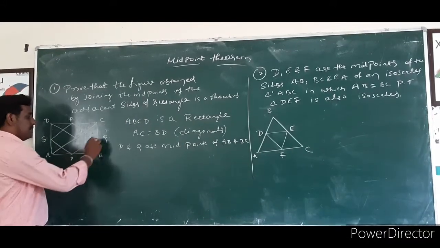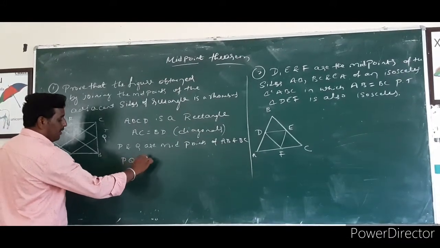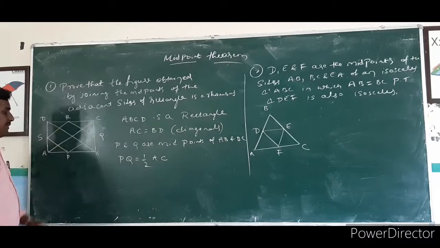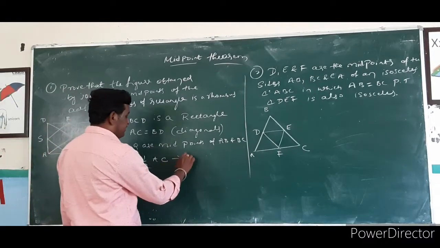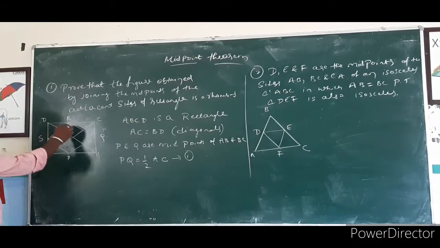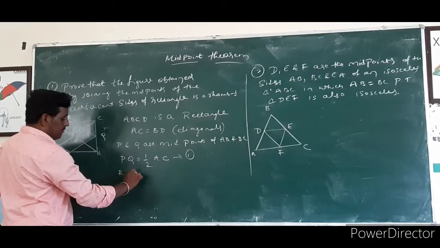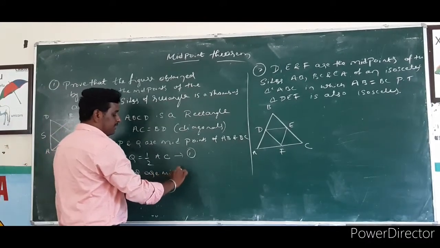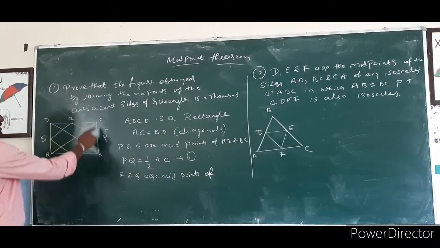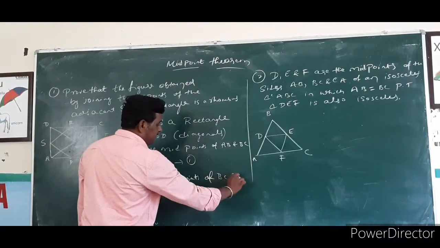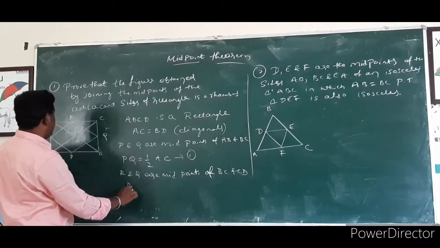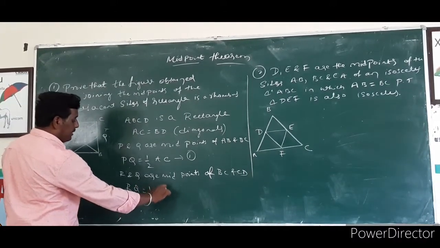So PQ is half of AC, that is equation number 1. Next, if I consider R and Q as the midpoints of the sides BC and CD, then RQ is equal to half of BD.